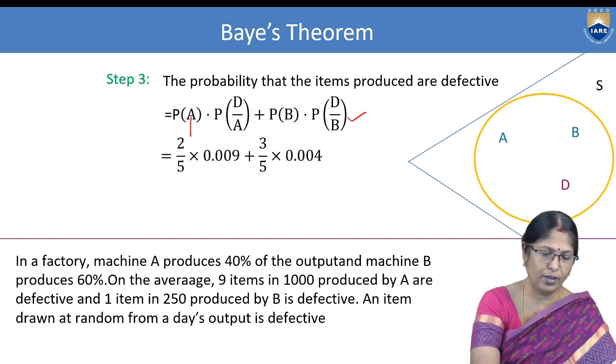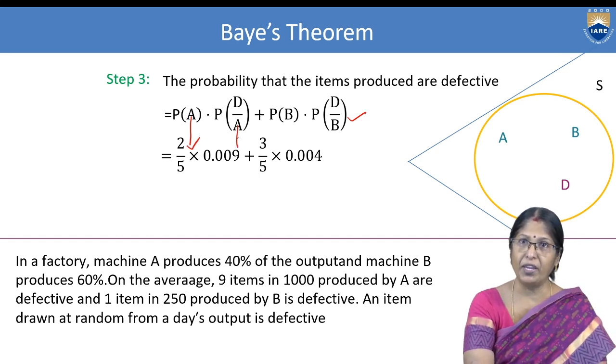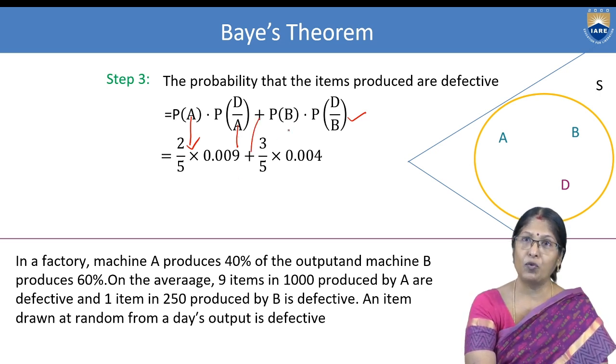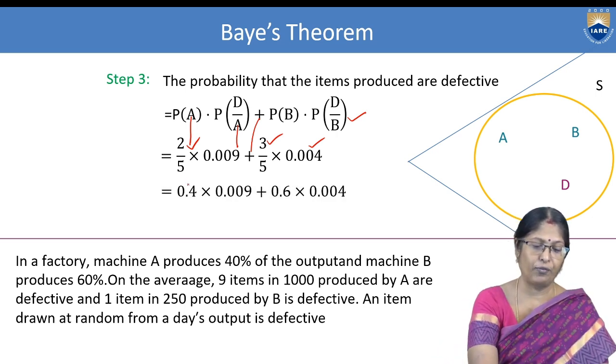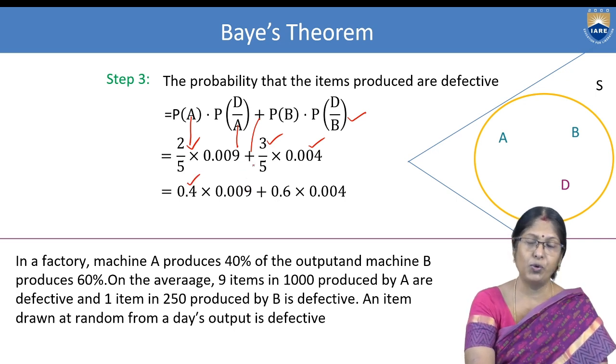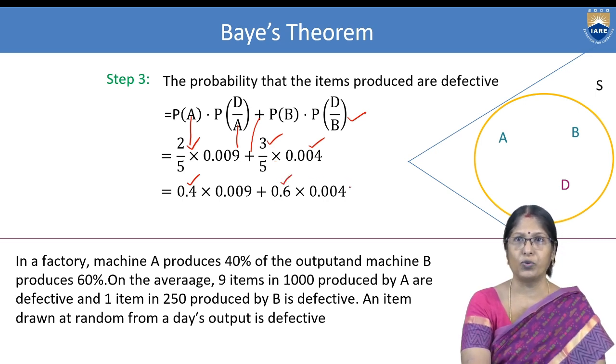So we substituted: P of A, which we already calculated, and P of D given A, which is 0.009, plus the probability of B, the main event, 3 by 5, into probability of D given B, that's 0.004. We can use the calculator and easily calculate it. So 2 by 5 is 0.4 into 0.009 plus 3 by 5, which is 0.6 into 0.004.